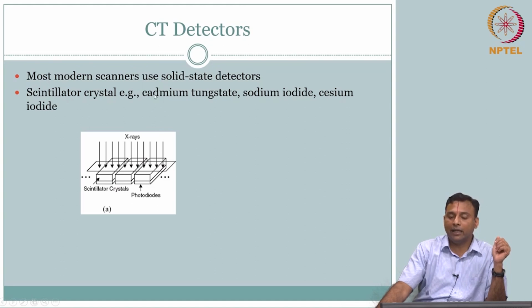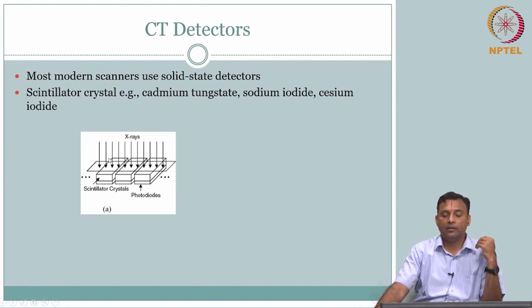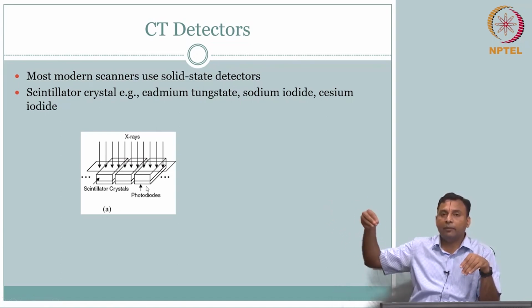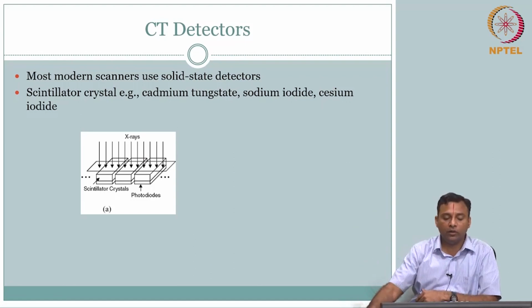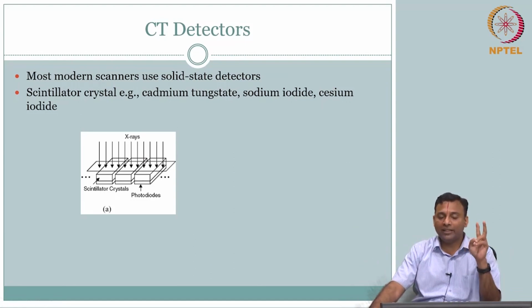What is a scintillator? It is converting your X-ray energy. X-rays come and fall on the detector, and what does it do? The scintillating crystal essentially converts this X-ray into light photons. Once that happens, that feeds into your photodiode, and then I can record, right. I can get my voltage, record what is coming out of each of the locations and do computation. So two major advancements.